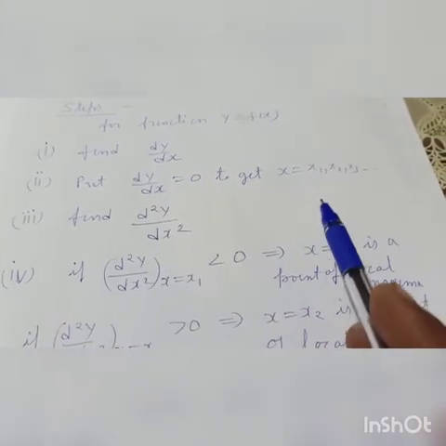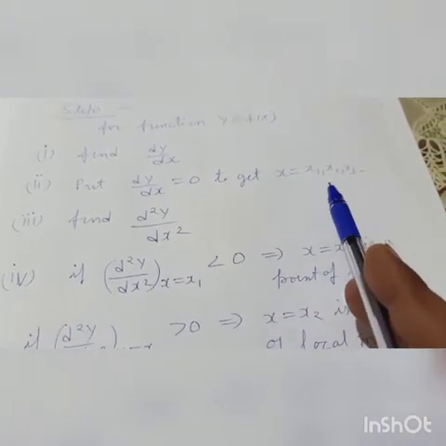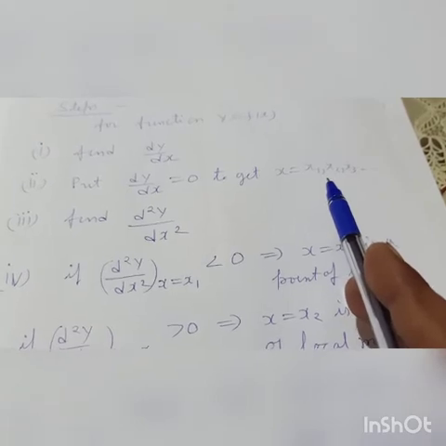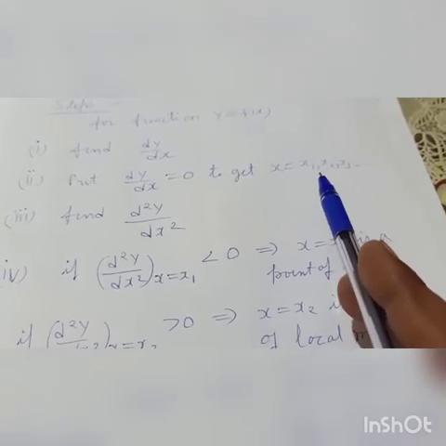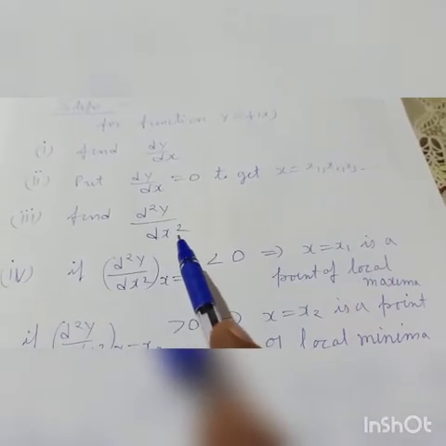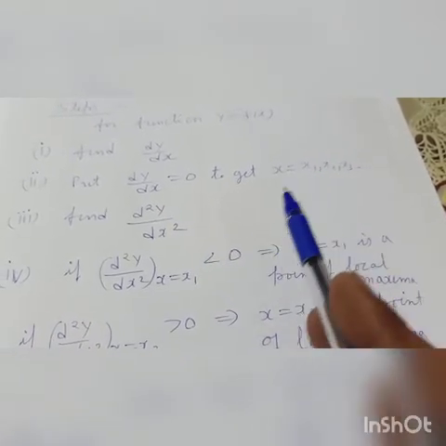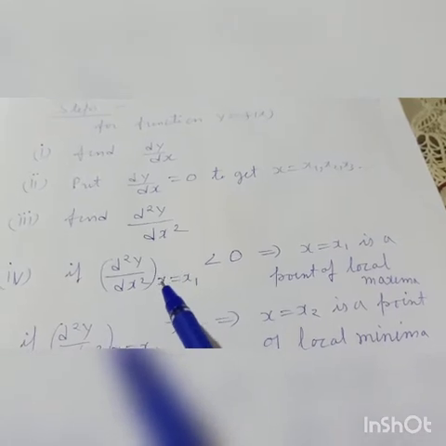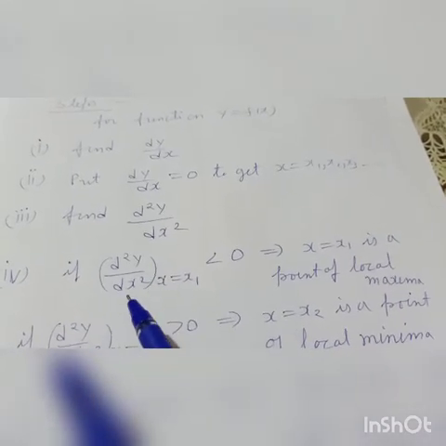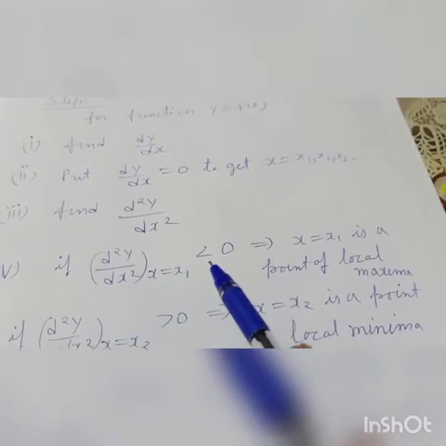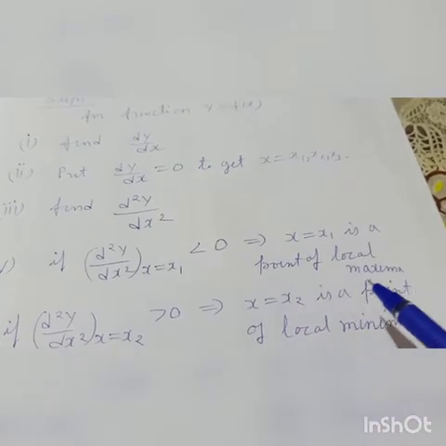Then we put the values of x that we got in step 2 into d2y/dx2. Suppose at x equal to x1, d2y/dx2 is negative, then we say that x equal to x1 is a point of local maximum.